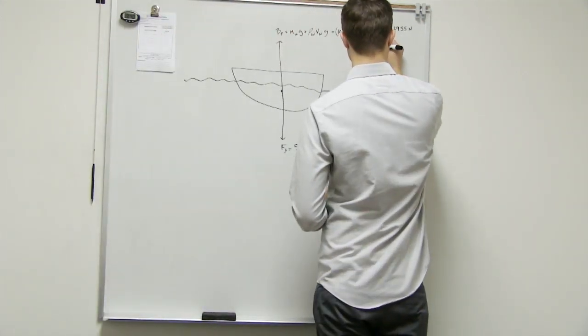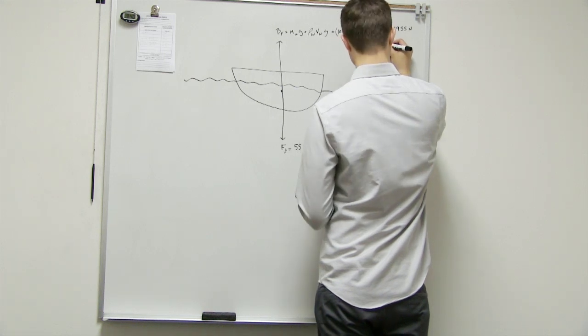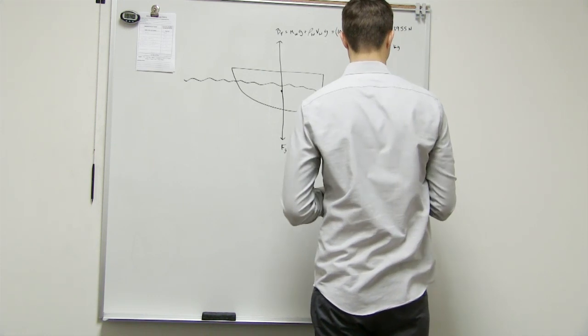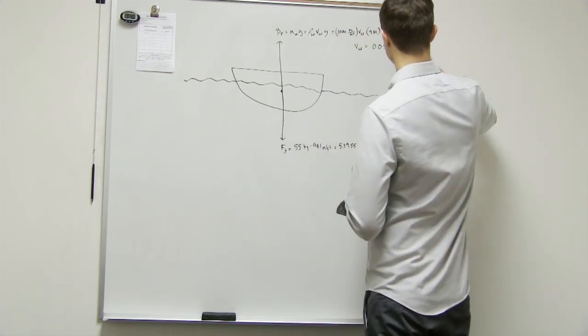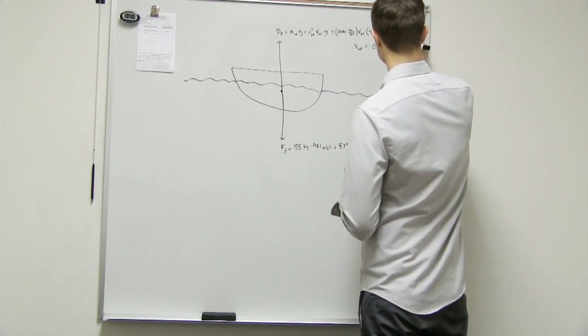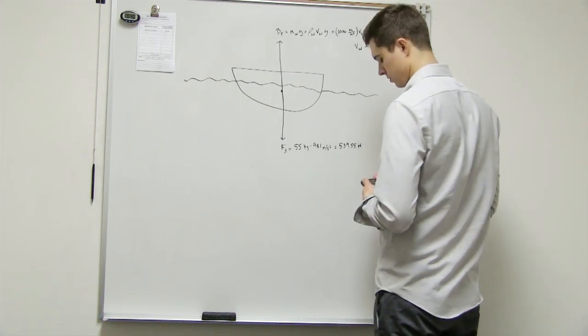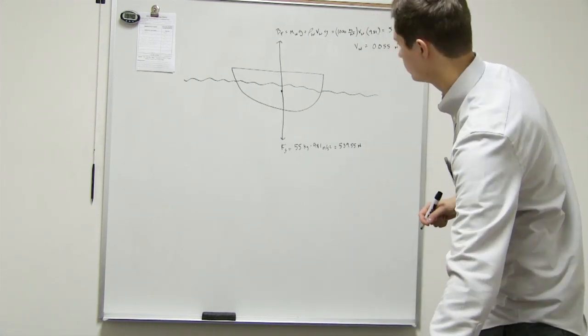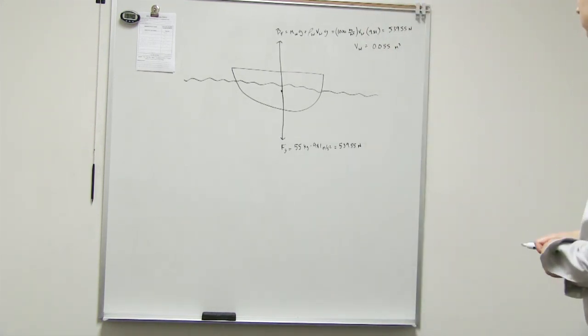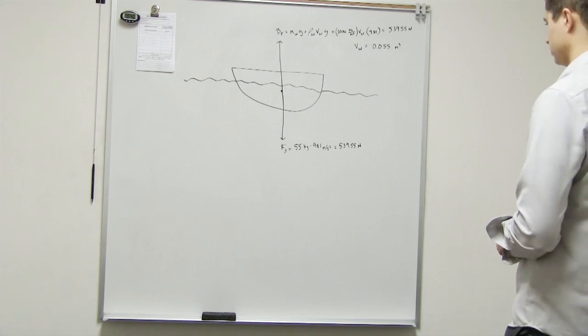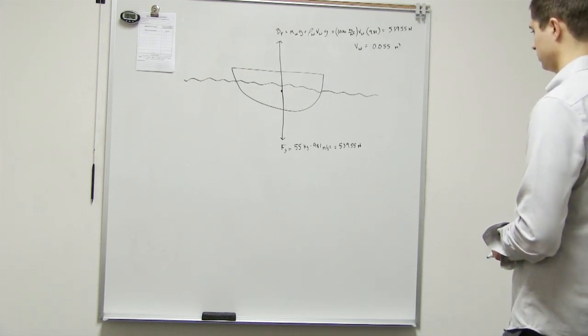So now we can figure out what 64% is. So that's the total volume, the volume of submerged.